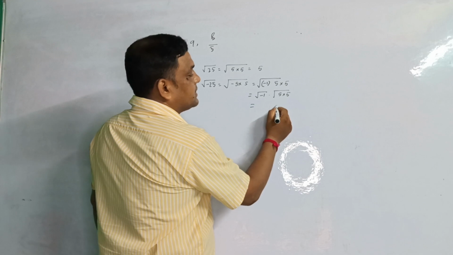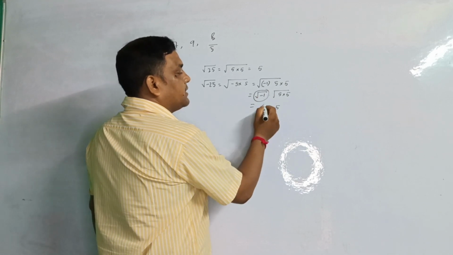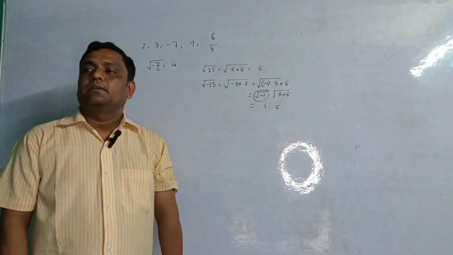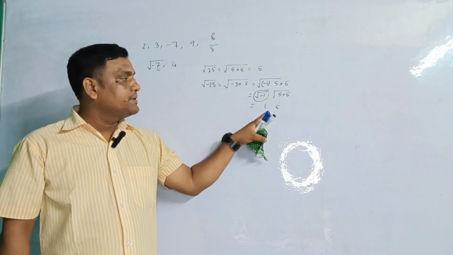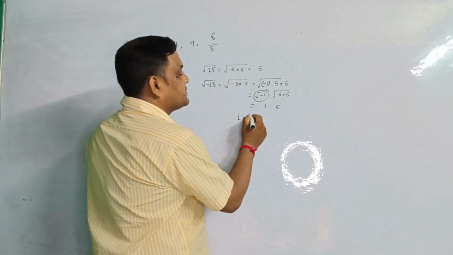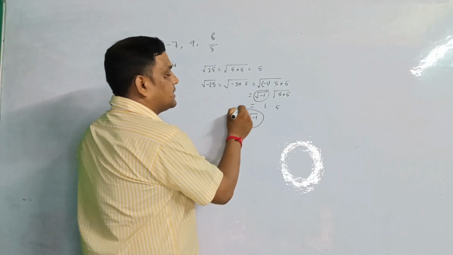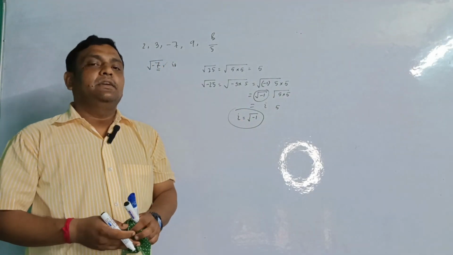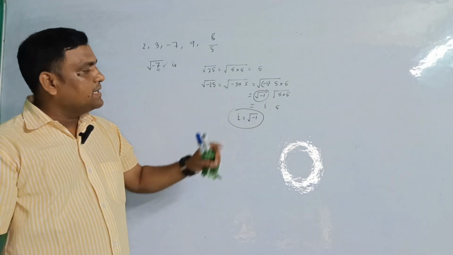So this is equal to 5 times a number which is called an imaginary number, defined by the symbol i. i means the imaginary number whose value is root under -1. So that's why you need to study the imaginary number system.